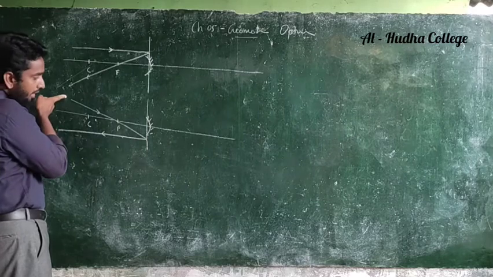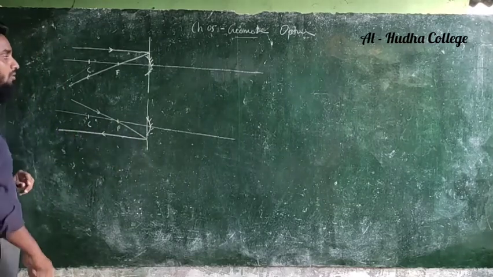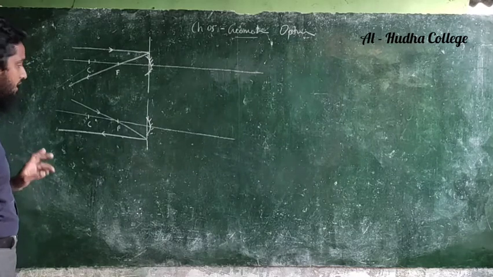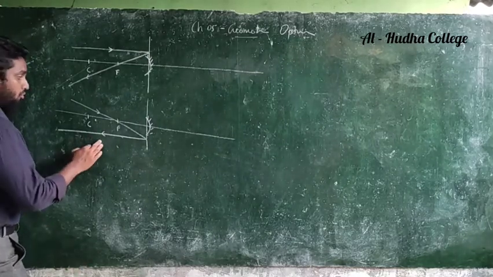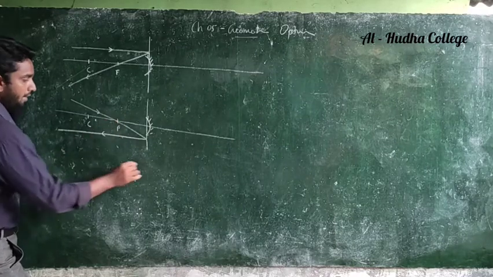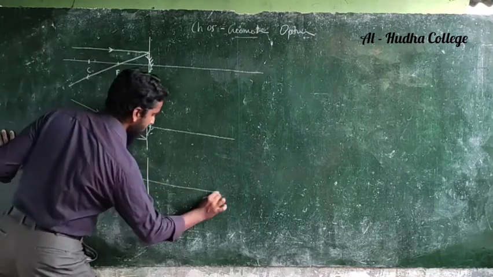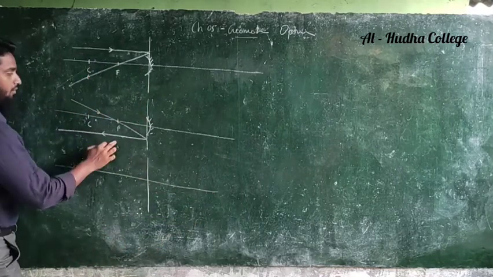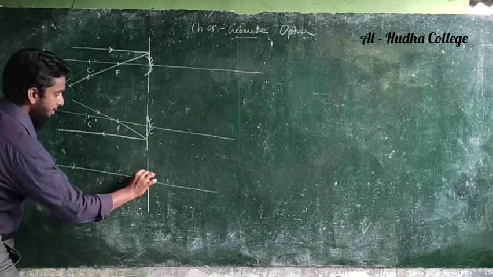Here the ray which is coming through the focus is going to go parallel to the principal axis. This is your second basic ray diagram that you should know to draw a ray diagram. I'll show you, try to understand these three basic ray diagrams.